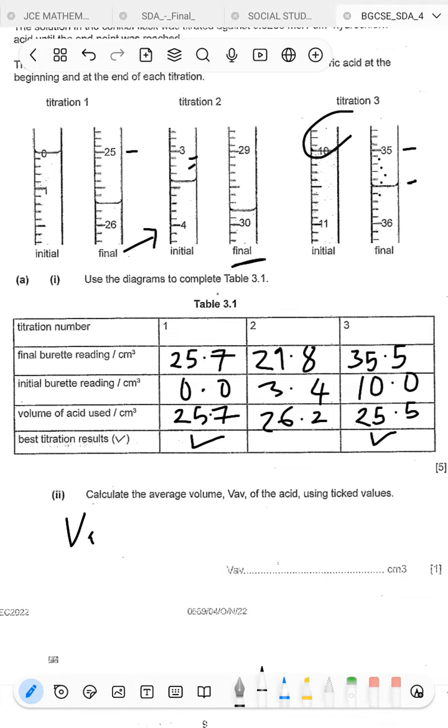Our average volume is going to be equal to 25.7 plus, remember, average is the addition of the respective numerical values divided by how many of those numerical values you have, over 2. So we punch that into the calculator, we get 25.6 cubic centimeters.